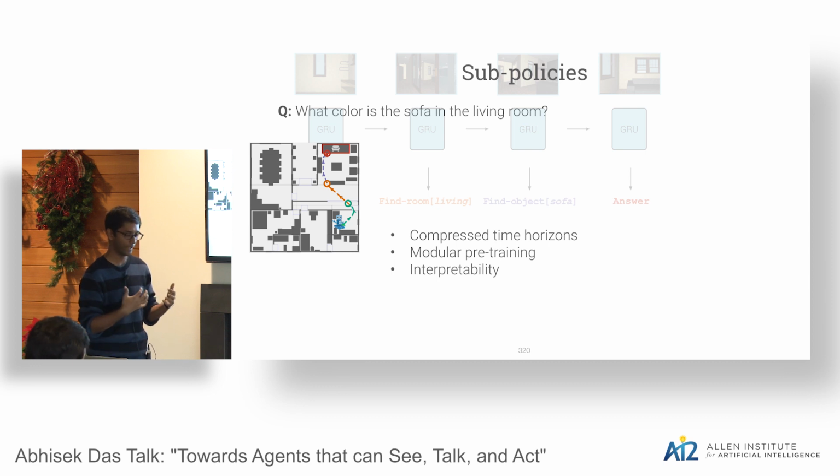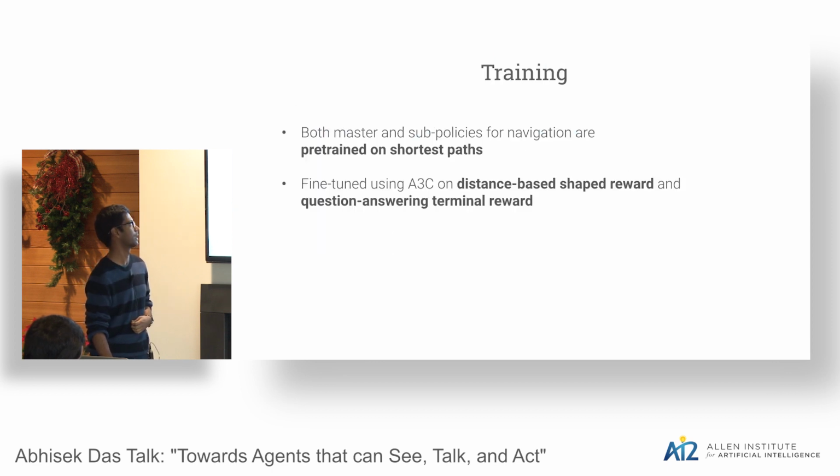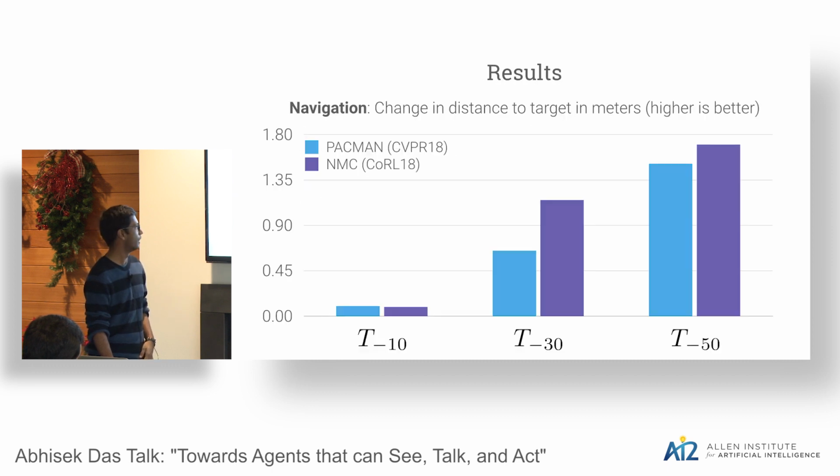So whether it's getting the subgoal wrong or whether it's just doing a poor job of executing that subgoal, we now have a way to look at that. Both the master and subpolicies are pre-trained on shortest paths. We then put them together and fine-tune in a manner similar to what I described earlier. There's a distance-based shaped reward and the question answering terminal reward.